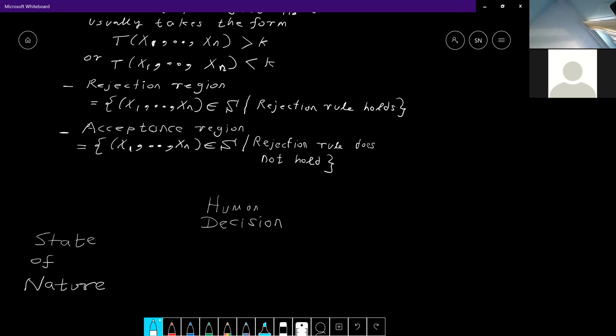There are two things you need to consider. The first is the state of nature, which we have no control over, and the second is the human decision, the decisions made by people like us. There are two possible outcomes. The state of nature can be one of two things: either H0 is true, or H0 is false.